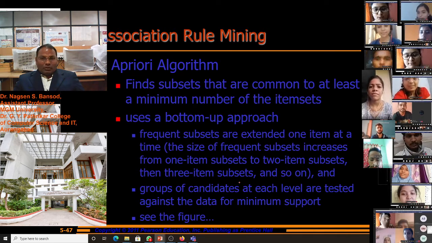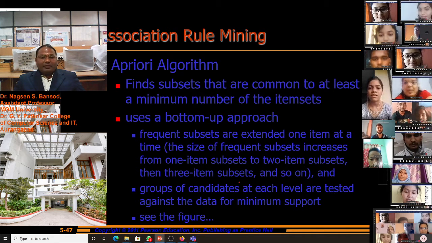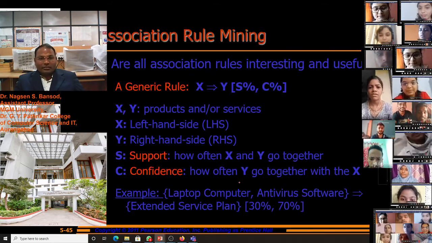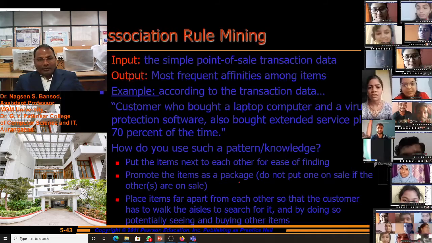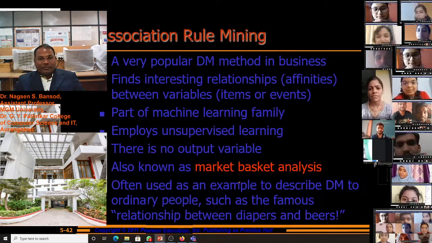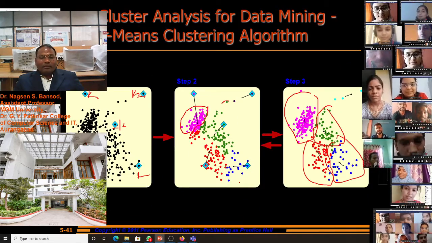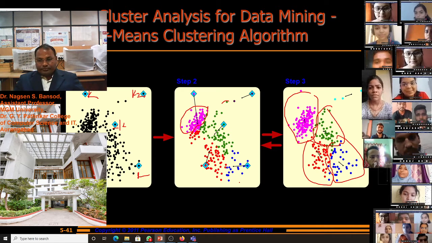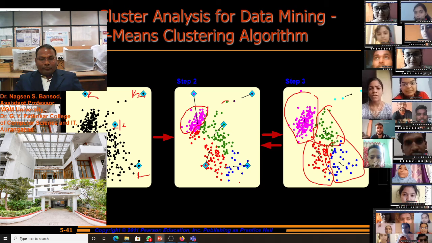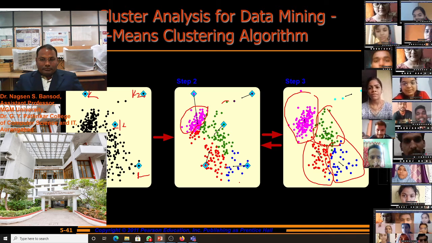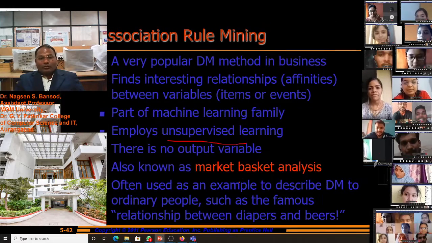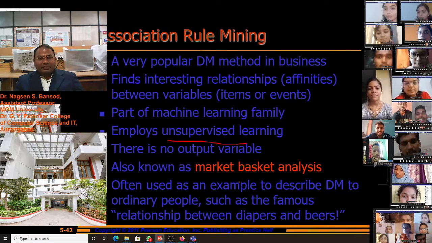Association rule mining, the Apriori algorithm, we will see in the next lecture. If you have any problem, doubt or questions on cluster analysis, you can ask.